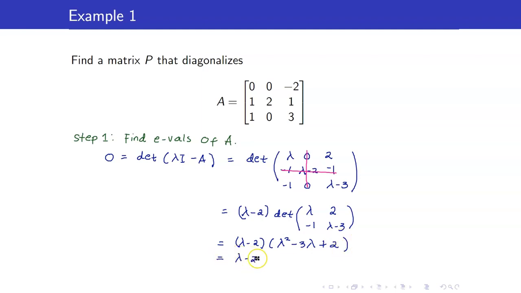And this factorizes as lambda minus 2, lambda minus 2, lambda minus 1. Since this is equal to 0, our eigenvalues are 1 and 2. Step 2, we have to find the eigenvectors. I leave it up to you to verify that E1 is the span of negative 2, 1, 1.